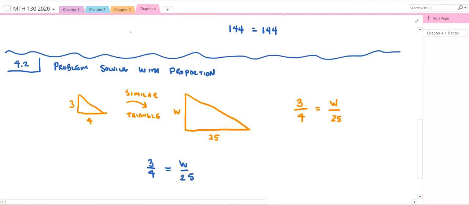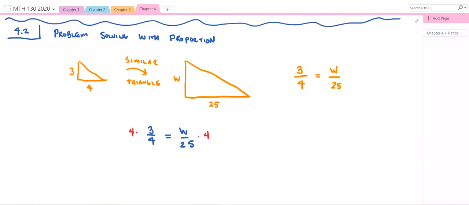I can multiply both sides by 4. And I'll end up with, these cancel out, 3 equals W times 4 over 25.